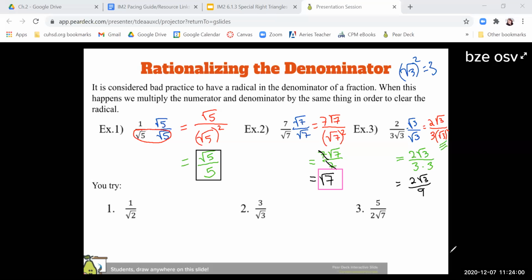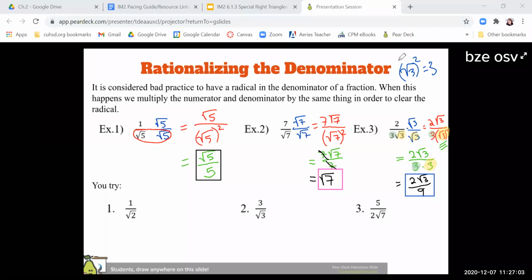And it doesn't look that pretty, but it is rationalized. Our denominator does not have a radical in it. So I'm going to go ahead and box my answer. All right, so it's your chance to practice these last three a little bit.